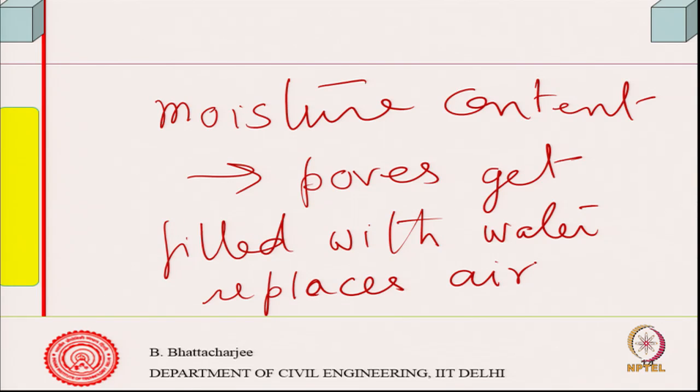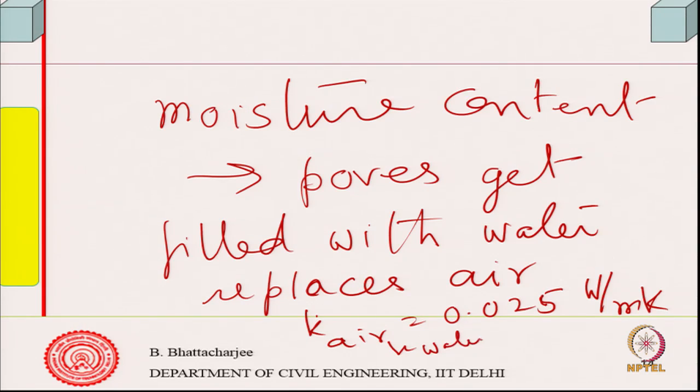Conductivity of air at normal temperature, K air, is something like 0.025 watt per meter Kelvin, and conductivity of liquid water is 0.6 or so watt per meter Kelvin.